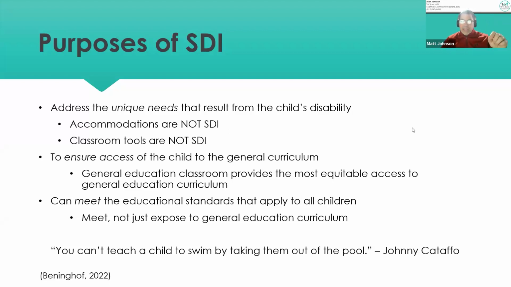And just to go back a little bit to what Kay was talking about with the other things we can deliver: universal design, differentiation, and MTSS are all great tools for everybody. But keep in mind, things like reteaching could be nice for other students to be involved in, but this student must have it in order to make progress.